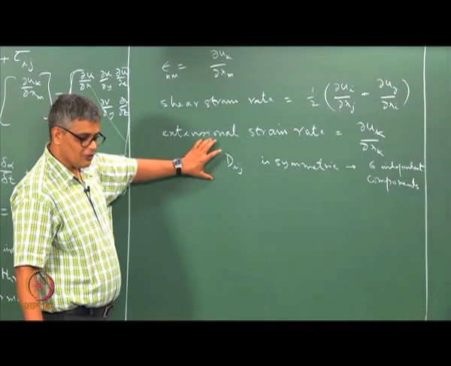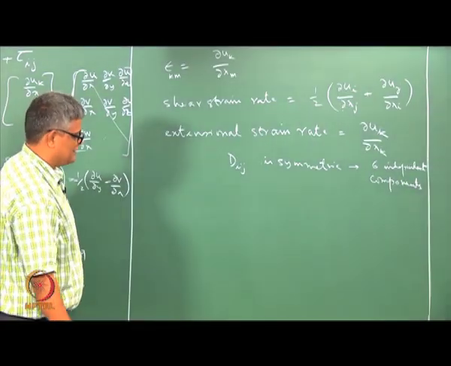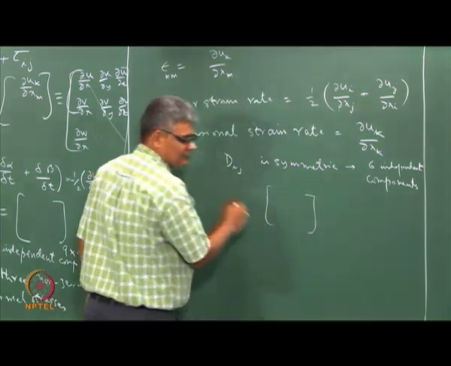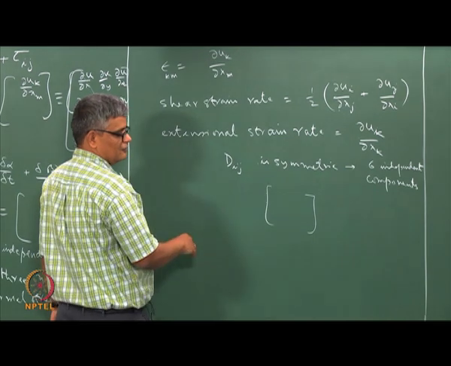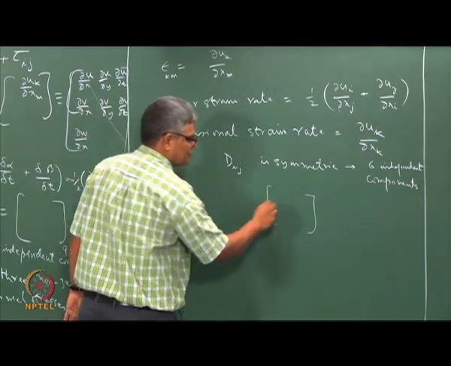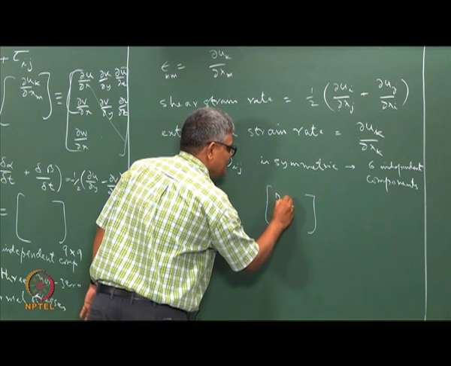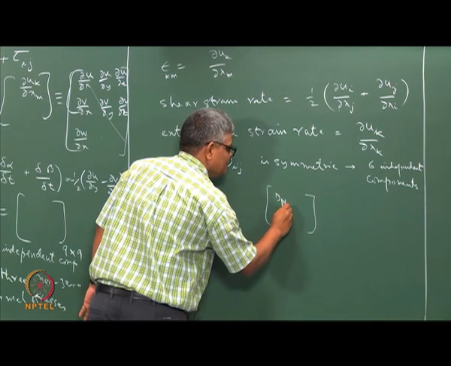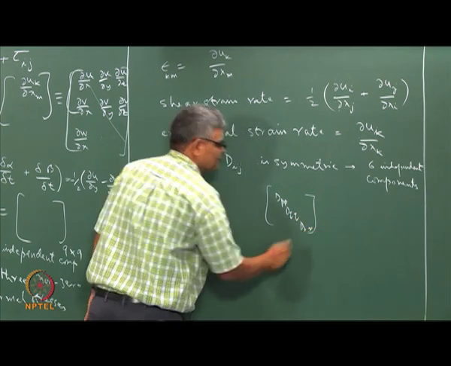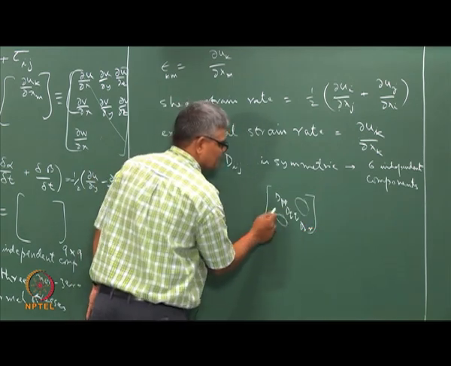Now this can also be decomposed into the principal components, and rotated so that we have only dpp, dqq and drr, all the others are 0 here.